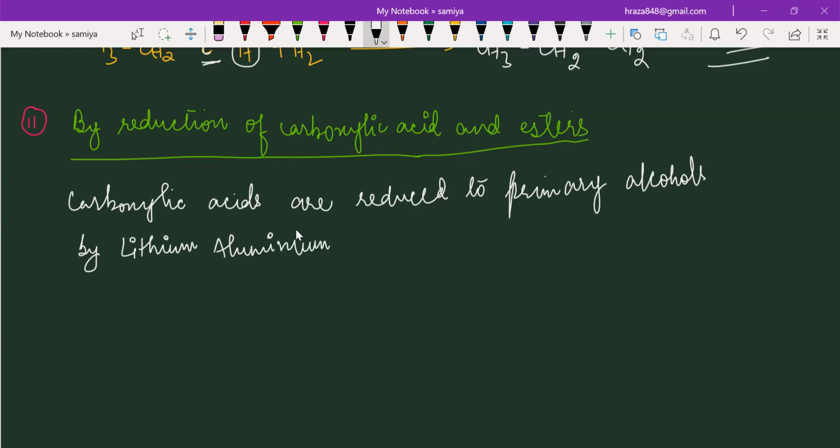That means basically LiAlH4, which is a strong reducing agent, and it is very expensive.